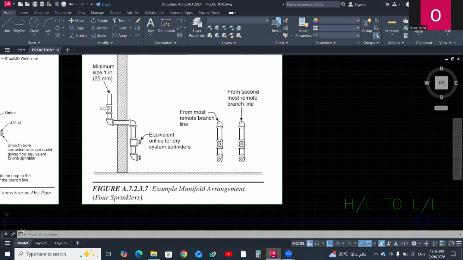And another drain pipe, as we can see in this figure, from the most remote branch line, a connection with two orifices. The second remote branch line is also equipped with these orifices.